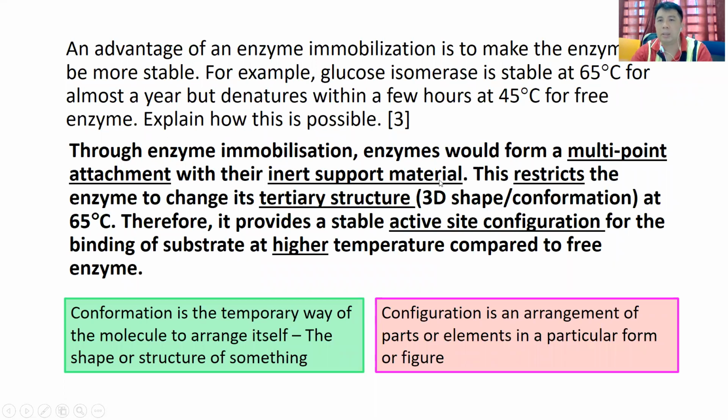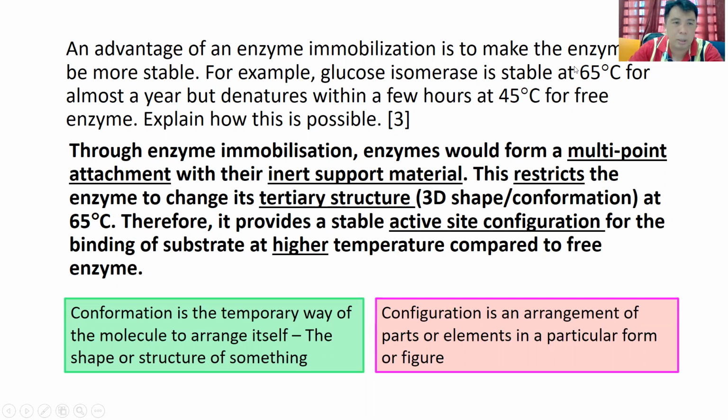That means the enzyme will bind to the inert, insoluble support material or matrix, so that the three-dimensional conformation, or the tertiary structure, of the enzyme would not change easily. That's why they say this restricts the enzyme from changing its tertiary structure or 3D shape at 65 degrees Celsius.